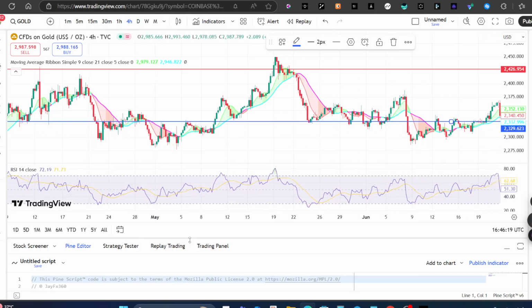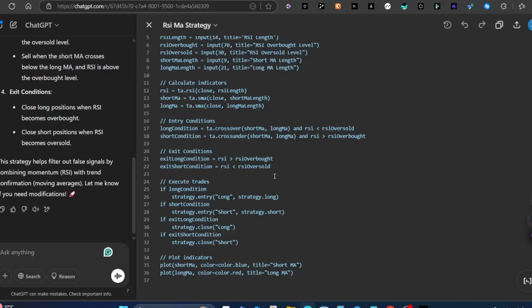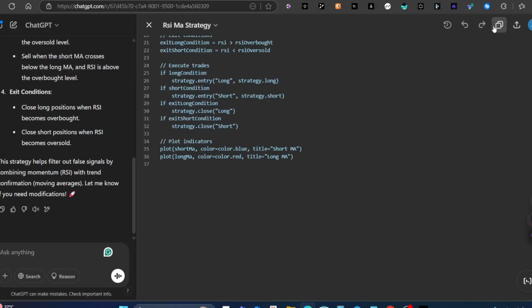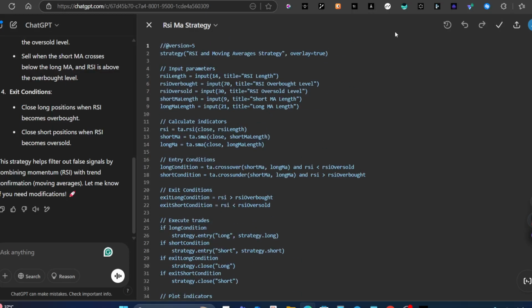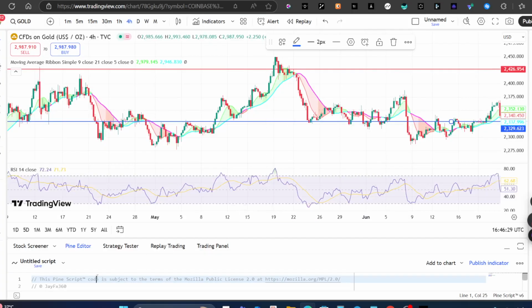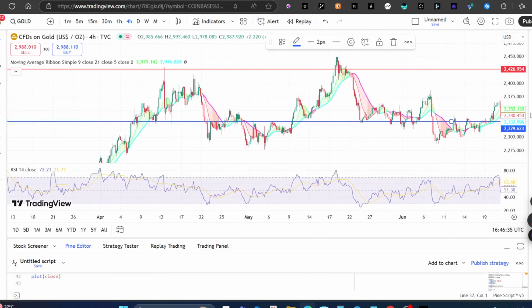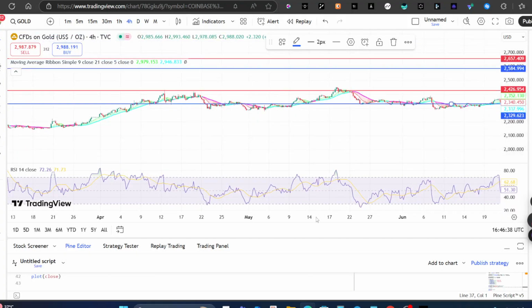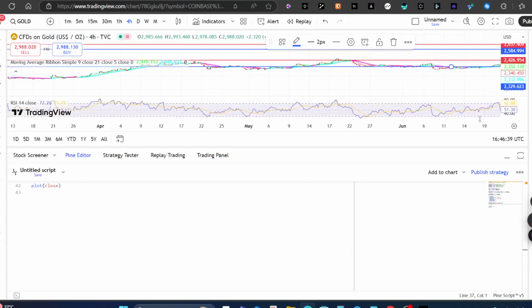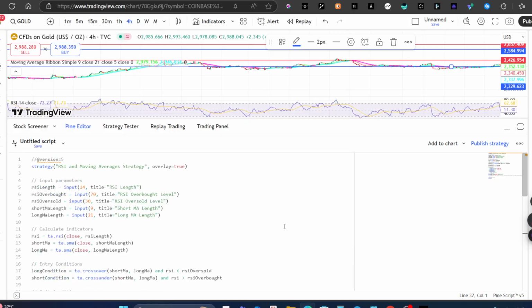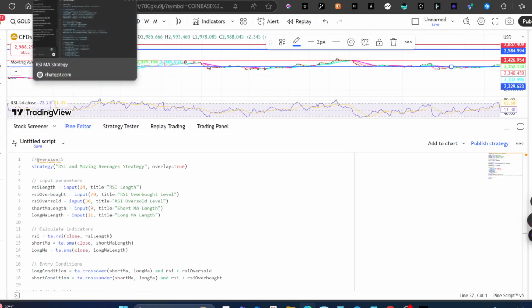But then if you want a level of automation, you can copy the script, and then you come to the Pine editor and you paste it here. So we have pasted the script in here. You can see the script that ChatGPT generated.